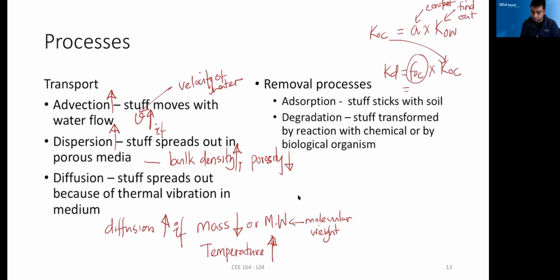The last one is degradations. Degradation can occur because of chemical degradation. For instance, if you leave behind a pollutant exposed to sunlight, it can degrade because of sunlight. That's the chemical degradation or photo degradation. Sometimes you also have oxidants or reductants in water, and when they react with that pollutant, it can also degrade.